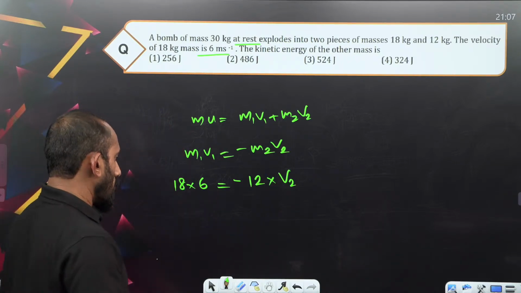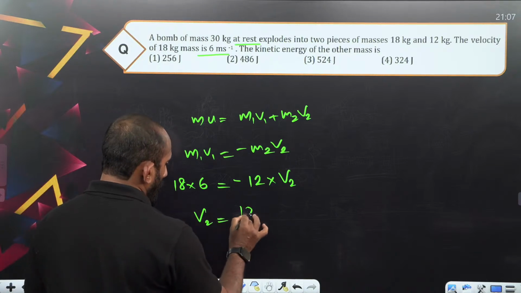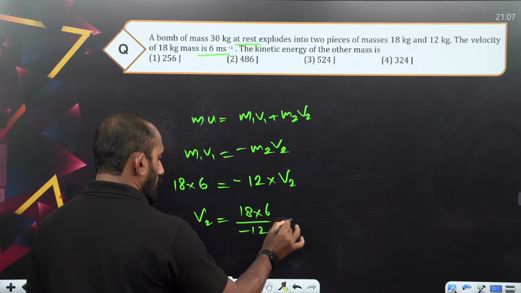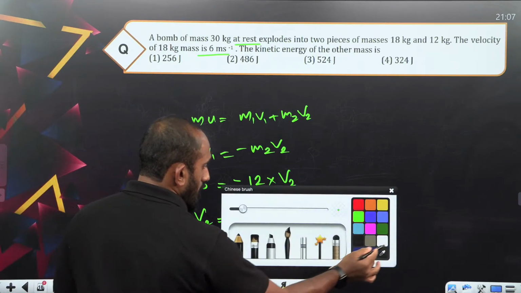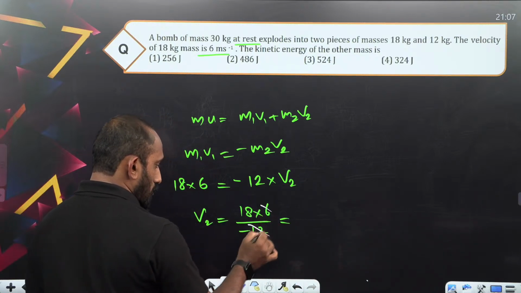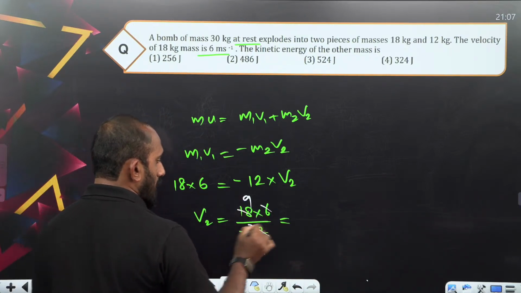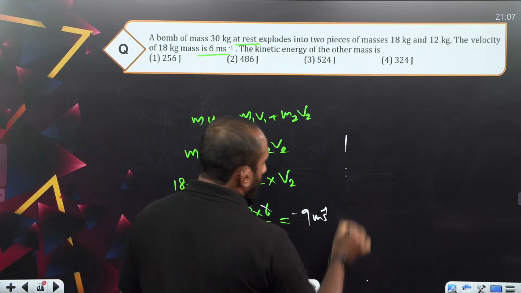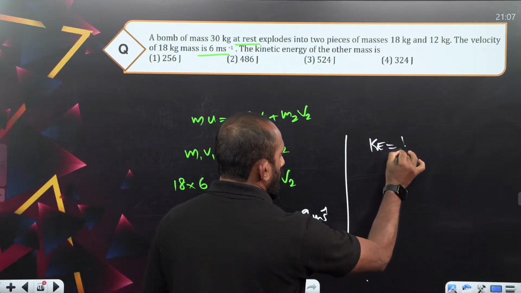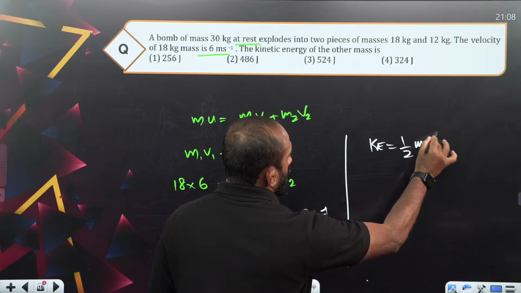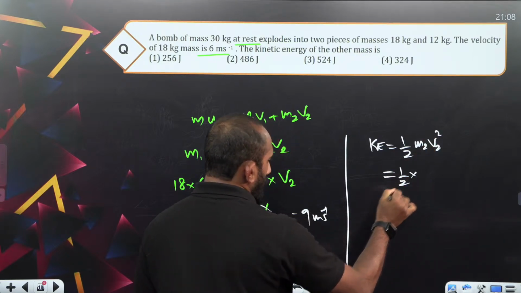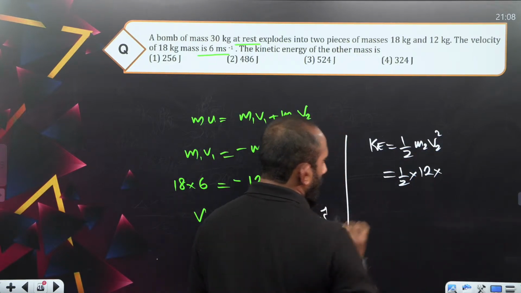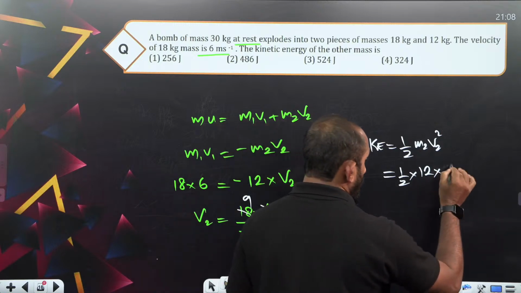So v2 will be equal to 18 into 6 by negative 12, that is nothing but, if you cancel it, 6 and 12 you cut it, so it will be 9, minus 9 meter per second. So kinetic energy KE is equal to half m2 v2 square, that is half into m2 is 12 kilogram into v2 is 9 square, that is 81.